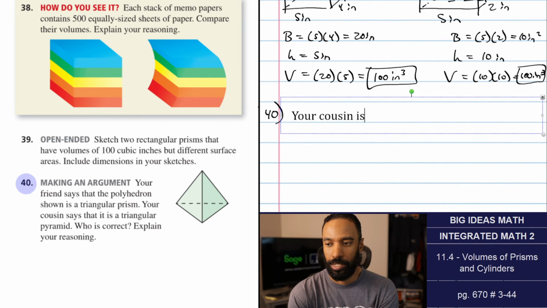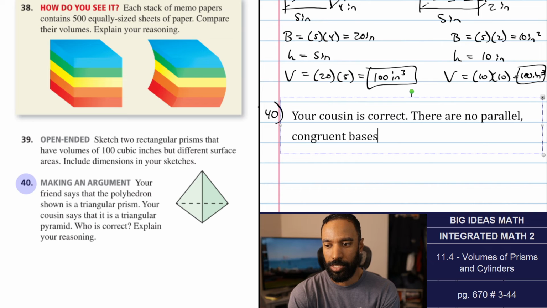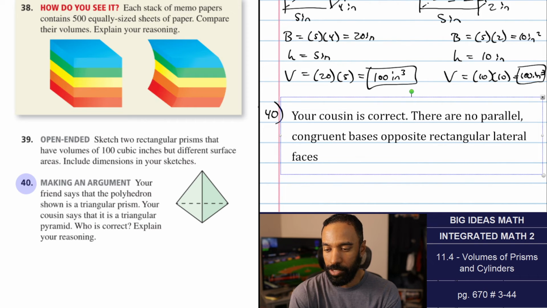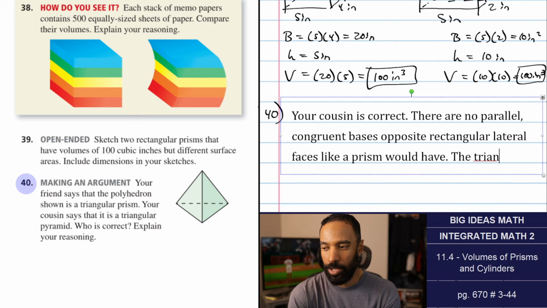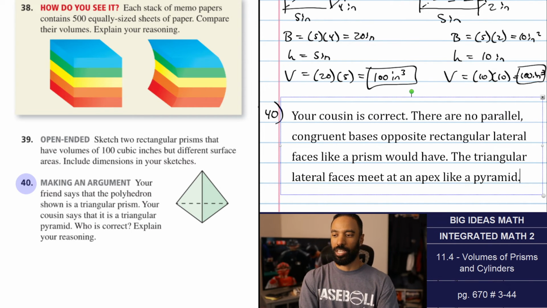There are no parallel, congruent bases opposite each other, or rectangular lateral faces, or parallelogram faces like a prism would have. The triangular lateral faces meet at an apex like a pyramid. Friend is incorrect, cousin is correct.